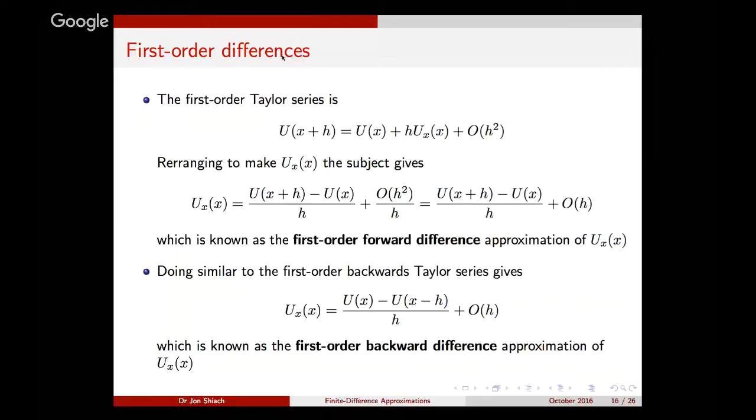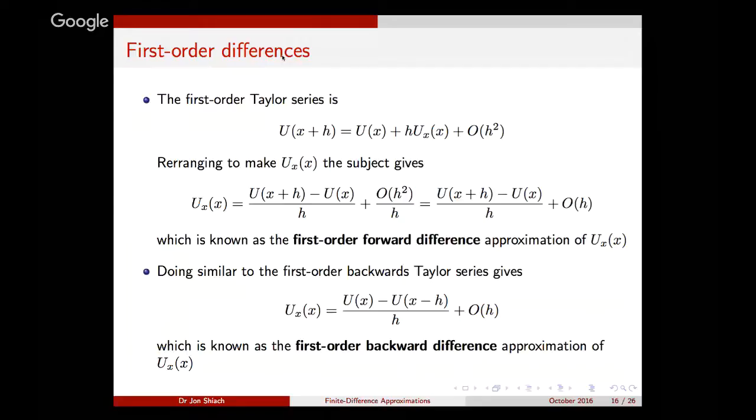If I rearrange this so that this derivative is the subject, simple algebra, we get u(x+h) minus u(x) divided by h, and we also get the truncation error, big O(h squared), divided by h. Now we saw earlier, if we divide a function which is big O(h squared), you reduce the power of h by 1. So what we get is this expression here.